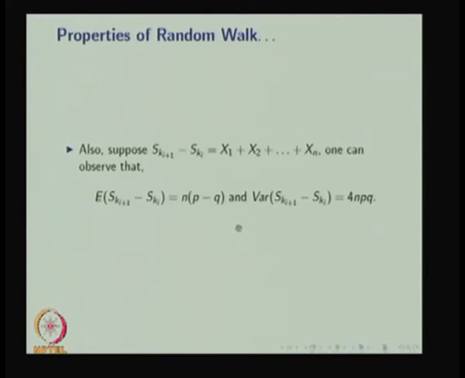Also, one can find the mean and variance of increments. The increments are nothing but the difference of those random variables. And since each is a discrete type random variable with the probability mass function that was discussed in the previous slide, we can find the mean and variance of those random variables. Therefore, we can find the mean and variance of increments also.